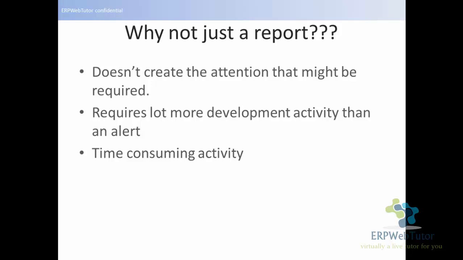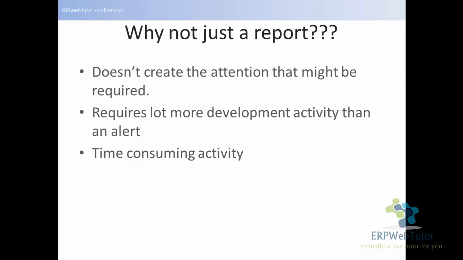Also, a report requires a lot more development activity than an alert. You need to write a program. If you're using Oracle Reports, you need to build a report. If you're using XML Publisher, you have to build an XML Publisher report and a template. So it involves quite a lot of development activity compared to an alert, because the purpose is simple: if something unusual happens, I just need to be notified in some form.